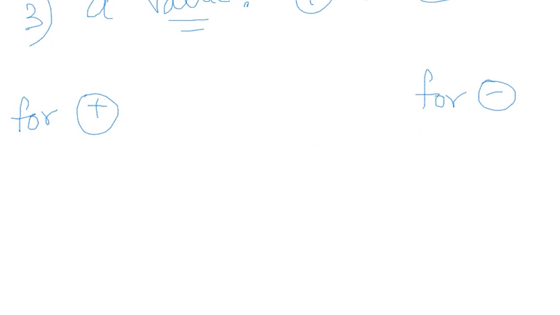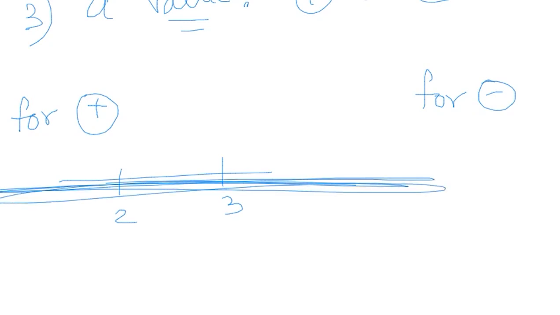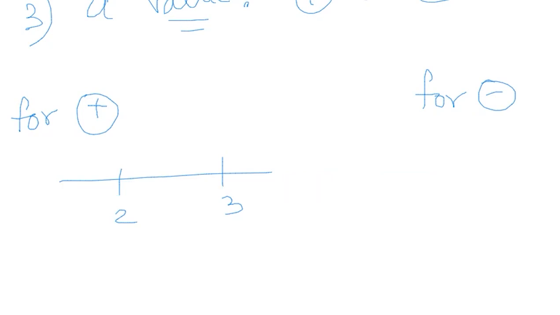So for A positive, we have drawn the number line already. This number line has been divided into 3 parts. This region, this region, this region. Total 3.